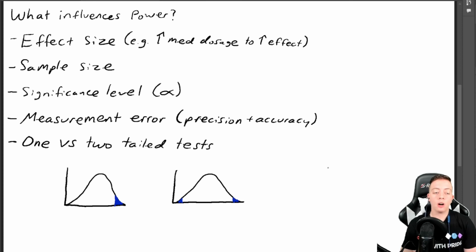If I put all 5% of my alpha on one side of the graph, I'm more likely to achieve a value within that larger area on that side of the graph, compared to if I have 2.5% on each side, I'm less likely to detect a difference depending on if I'm looking for the 2.5% versus the 5%. So using a one versus a two-tailed test can influence your power and can be a reason why you would either detect or not detect a significant difference.